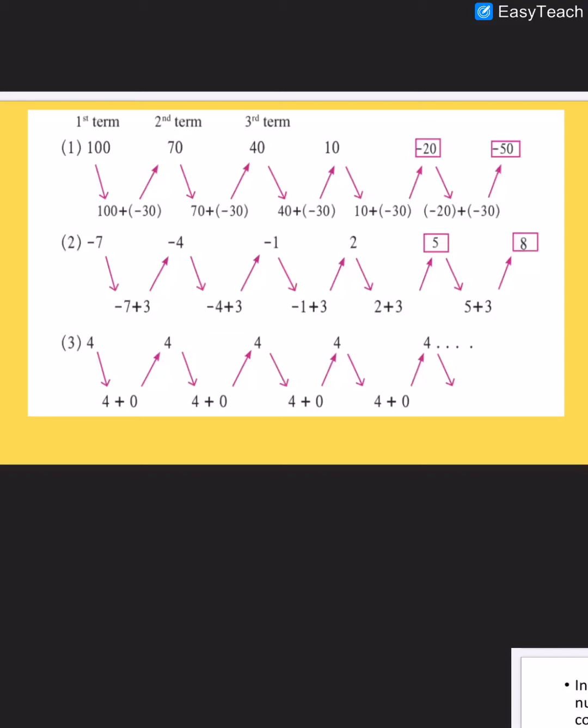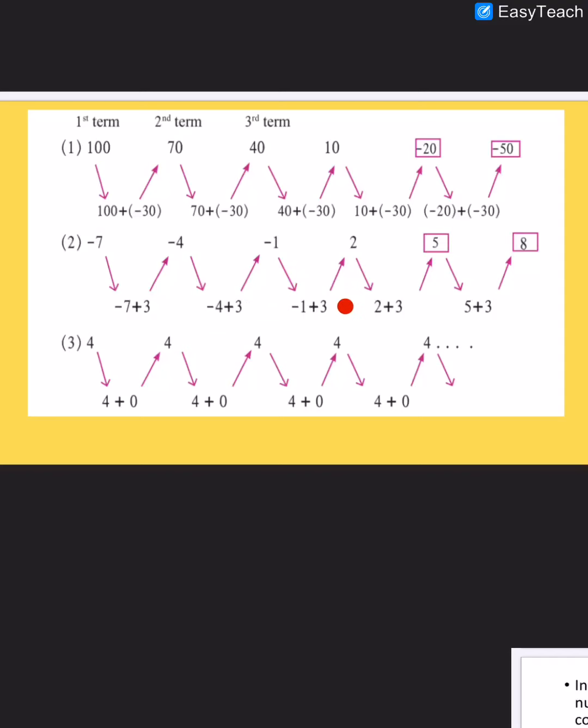And in the second question also, minus 7, minus 4, minus 1, 2. So we find the difference: minus 4 minus minus 7 will be plus 3. That is, when we add 3 to minus 7, we get the next term, minus 4. Again 3 is added to minus 4 to get the next term, minus 1.